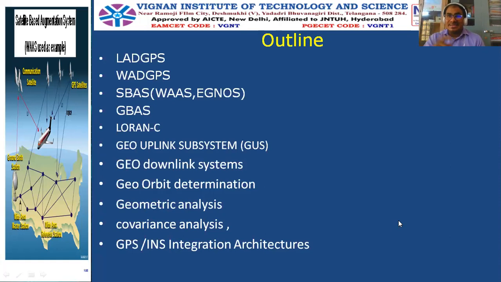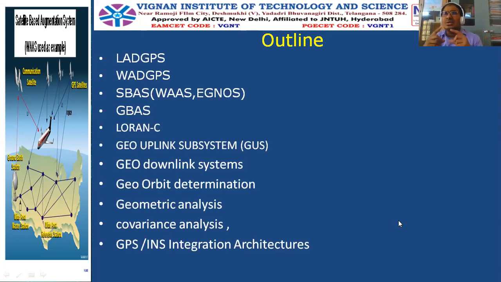And the signal travel time is calculated by using the clock, which is synced with the UTC, and that time is multiplied by the speed or velocity of the RF signal. Of course, the RF signal travels with the speed of light. So speed of light is taken as the reference here, and it will be multiplied with the time of travel. Then we will be able to calculate the distance.